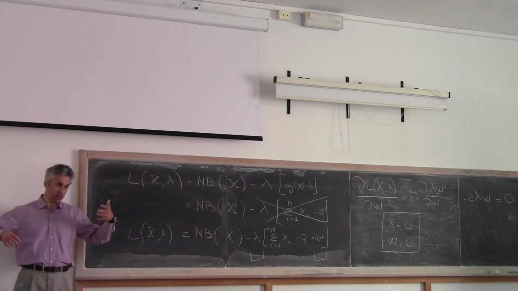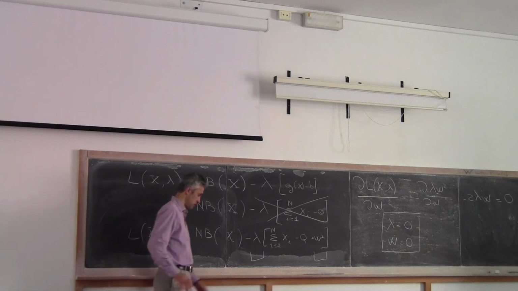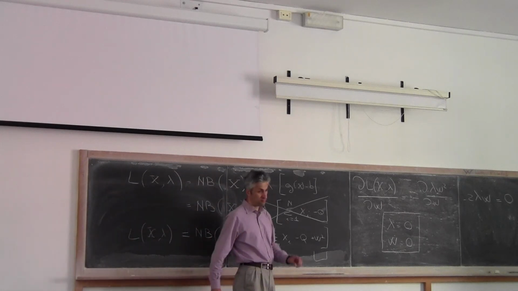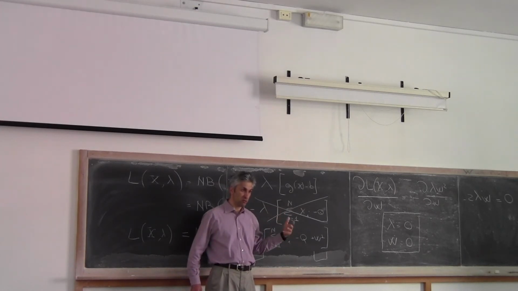All the possible combinations of the possible solutions, and therefore it becomes difficult to manage in practice. So, the moral of the story is, in principle, it's not a conceptual complication if you have inequality constraints, but it's a practical complication which can be difficult to manage if the number of constraints increases.